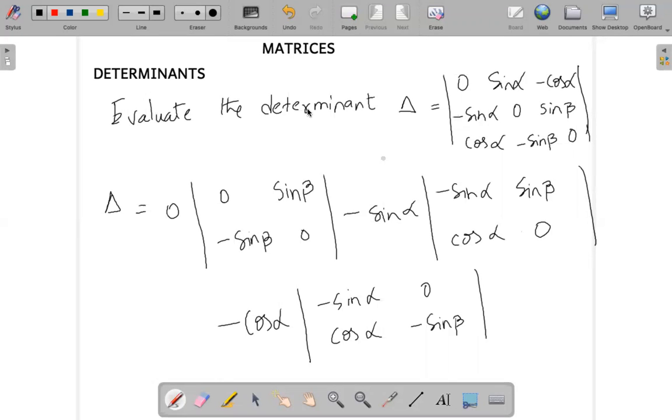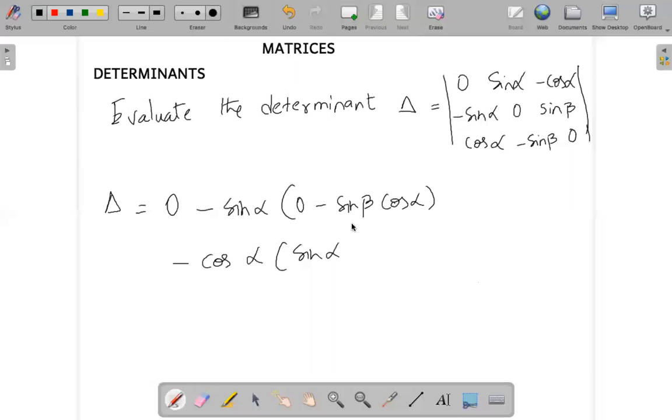Now let us find the determinant. For that, sine beta minus 0.